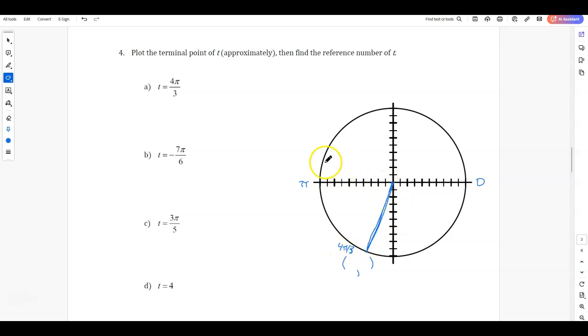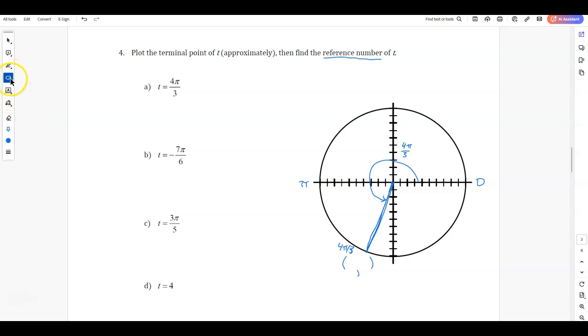And if I want to know this reference number, reference angle, right? This is just how far it is to get back to the x-axis, right? So this is my 4 pi over 3 going all the way around here, right? So I'll go and put that in, 4 pi over 3. How far is it to get back to there?